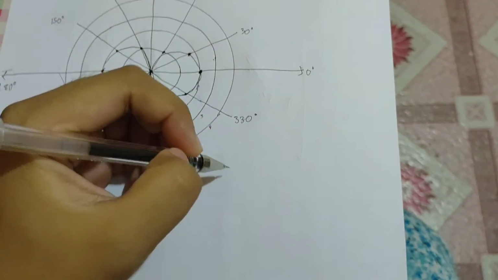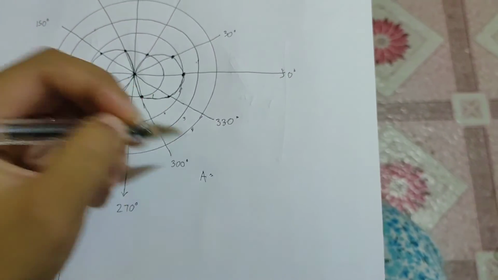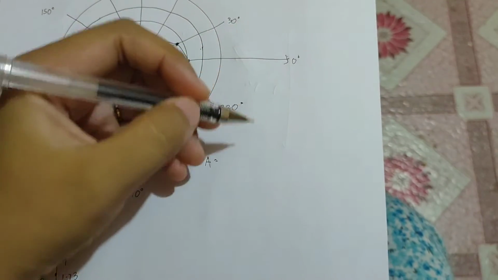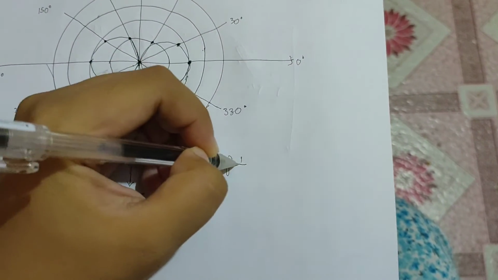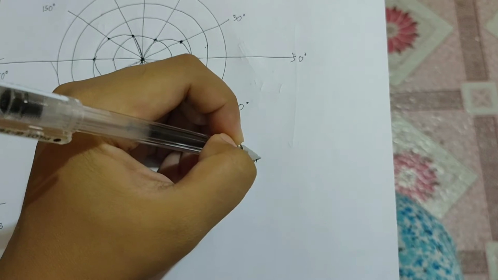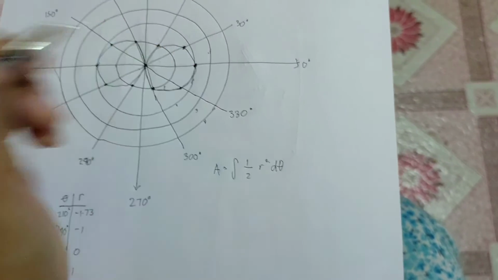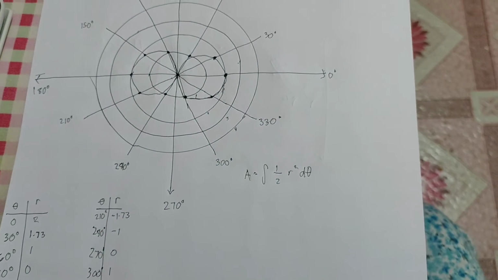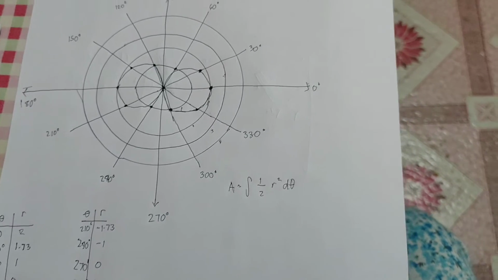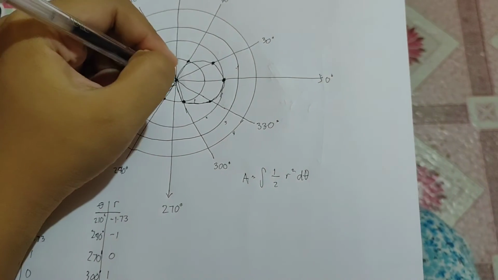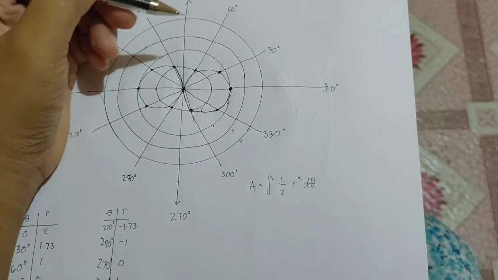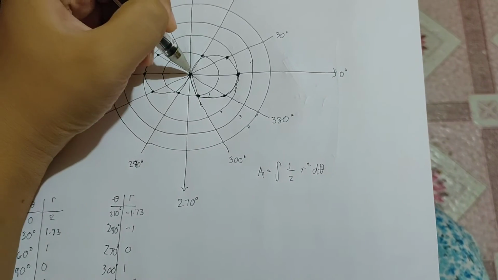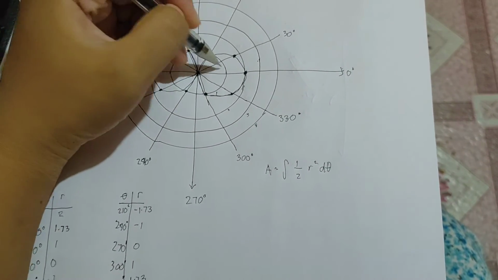So here we will write our formula, which is the integral of 1/2 r squared d beta. We have a limit here, which is 0 to 90 degree. But first, let's write our horizontal strip, but I want it here.